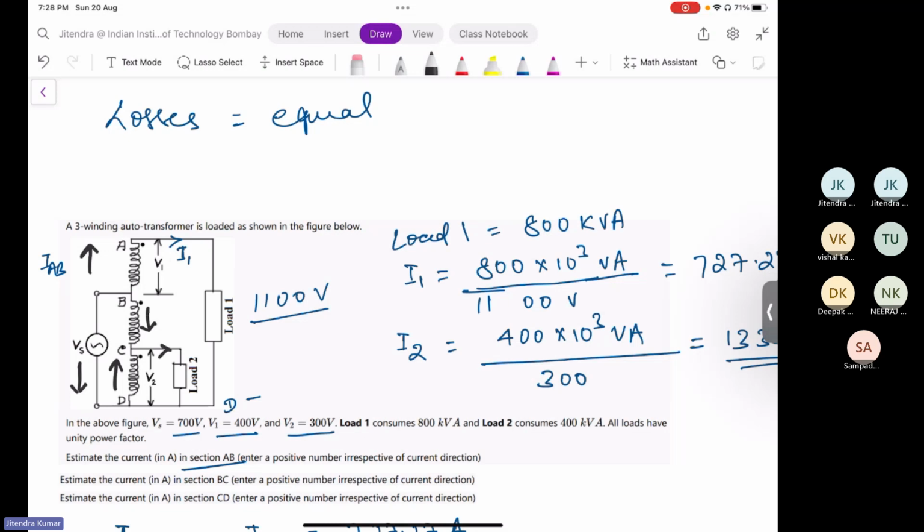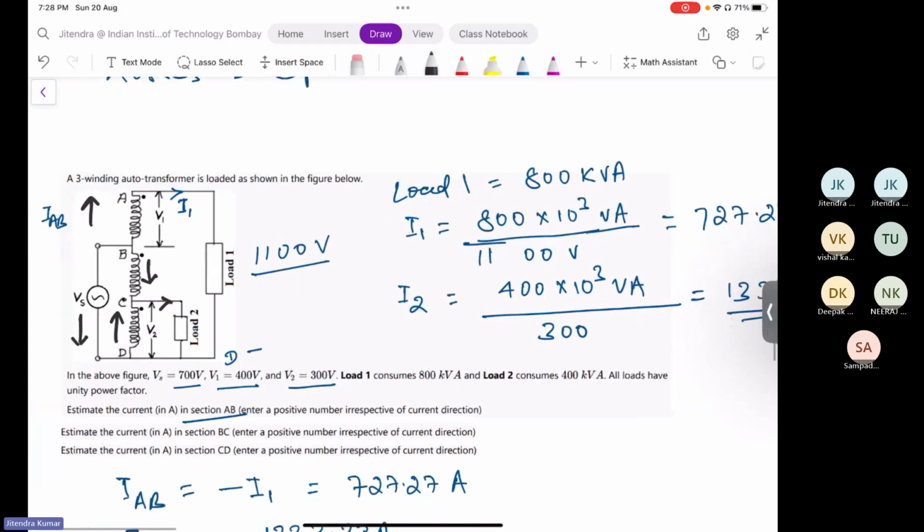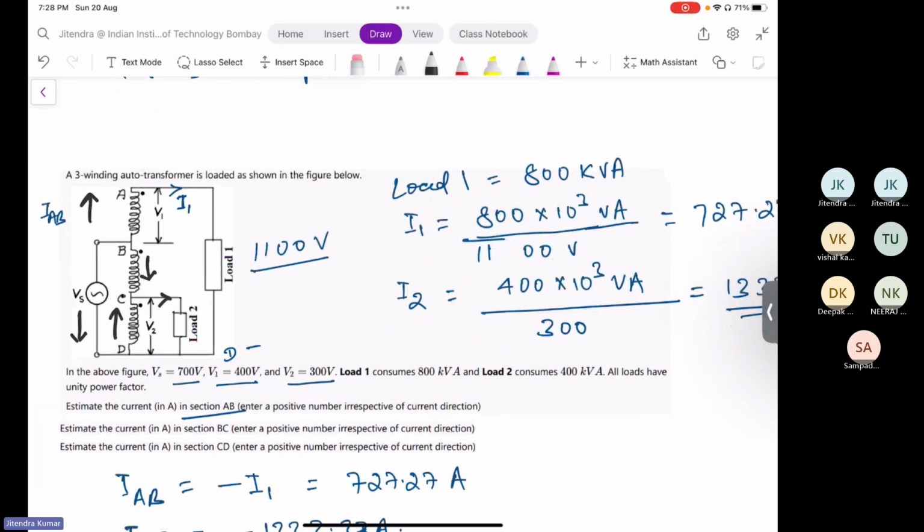Did you get it? Deepak, is it clear? Yes, sir. I get it. Suppose one winding is delivering a current through the dot, then another two windings will take through the dot.